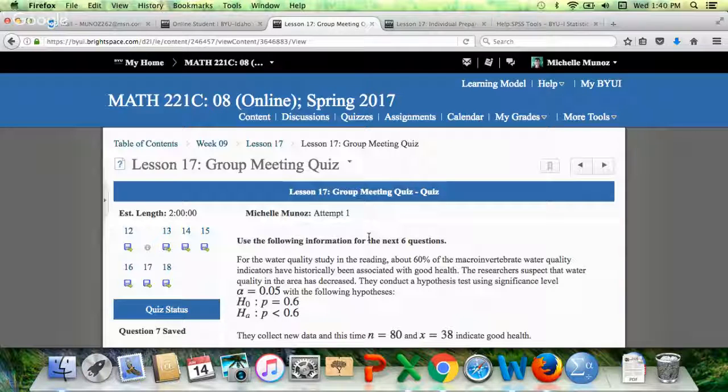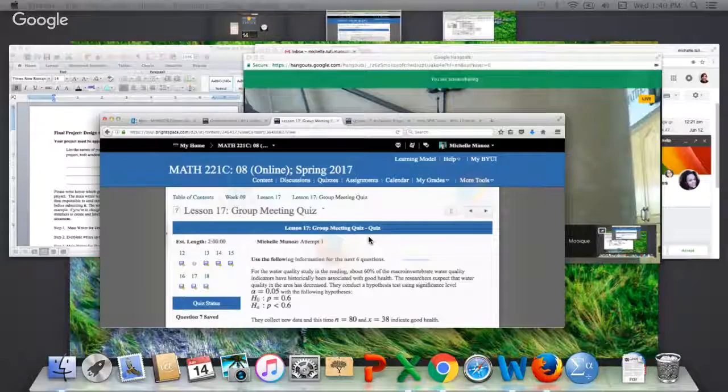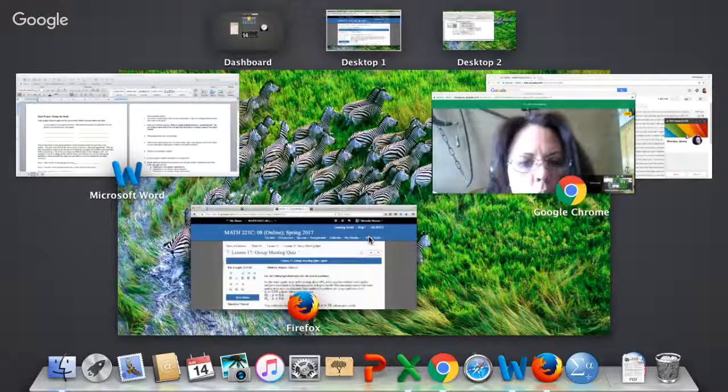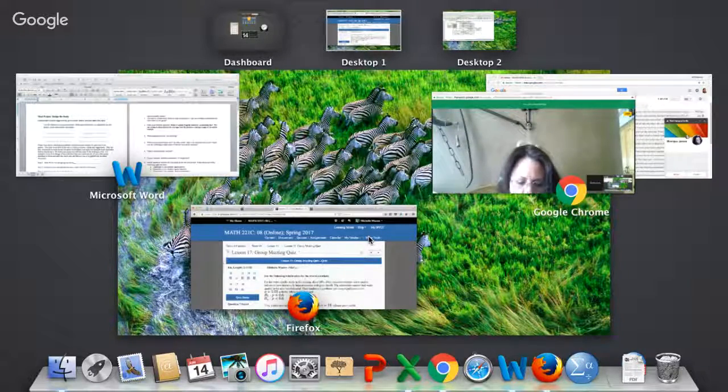We know that n is equal to 40 and we know that x is equal to 19. That's the information that we know right now, right? Then it says, what is the proportion of the observed indicators that suggest good health? Express your decimal as a percentage. We did that, the 0.47. That's the P with the hat. Okay, so we got that.